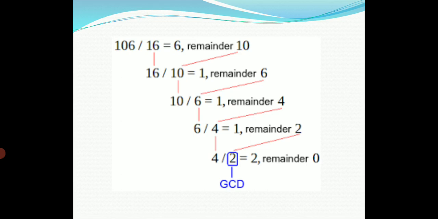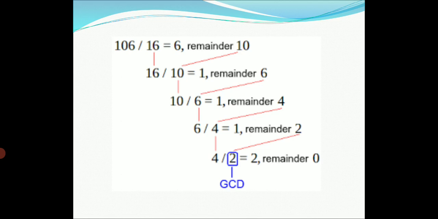The quotient is 1 and the remainder is 6. Then A is 10, B is 6, the quotient is 1 and the remainder is 4. Then 6 divided by 4 gives quotient 1, the remainder is 2. Then in the next pass, 4 divided by 2 gives quotient 2, and the remainder is 0.